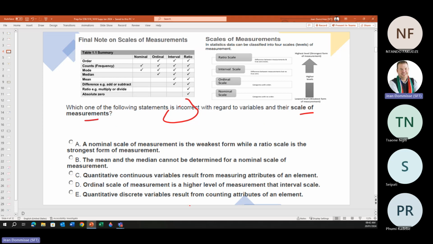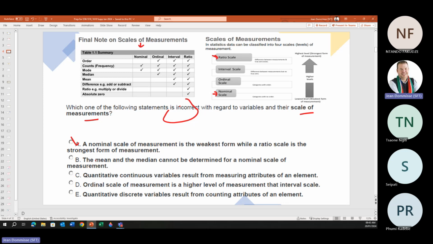Let's look at the first one, a nominal scale of measurement is the weakest form. Yes, it is, while a ratio scale is the strongest form. So nominal weakest, ratio strongest. Correct.